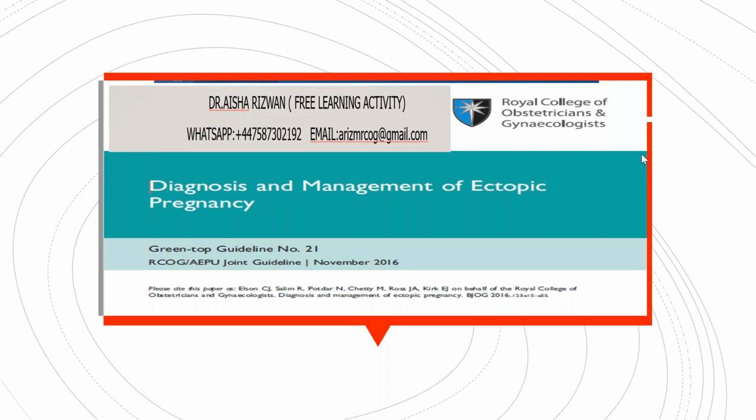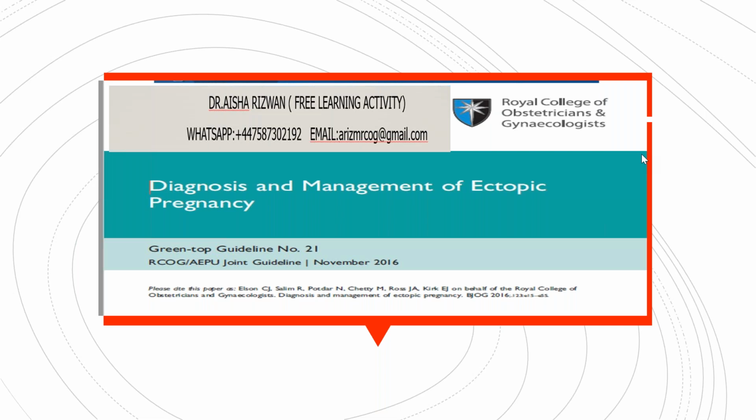If you have decided to give pharmacological treatment, then you should know that many different drugs are available, but we prescribe methotrexate because we have more experience of giving it and the dosage is easy. Even with methotrexate, you can have different treatment regimens. Whichever one your unit is practicing, you can adopt that.